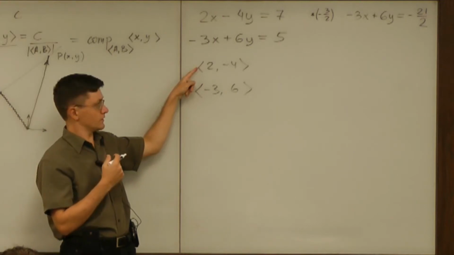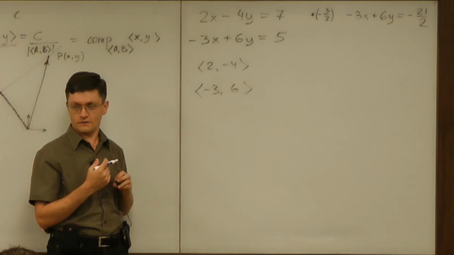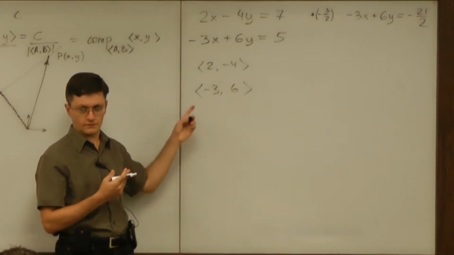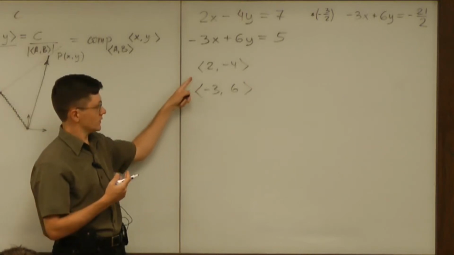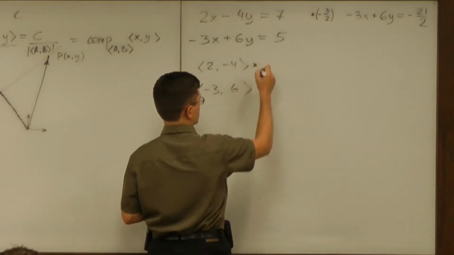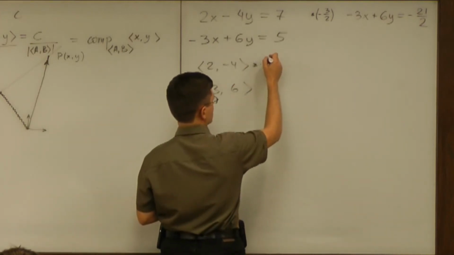What does it mean algebraically that two vectors are parallel? They're multiples of each other. They're proportional. Can you see a number so that you can multiply this vector by a number to get this vector? Well, negative 3 halves, right?